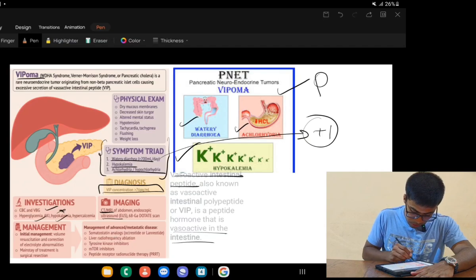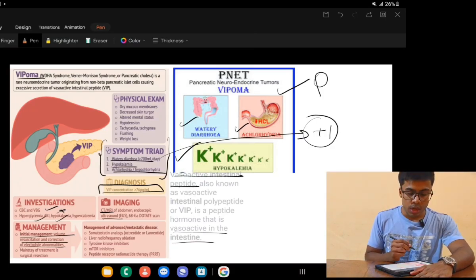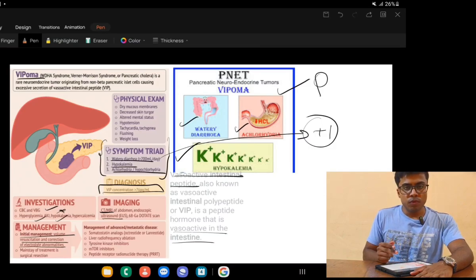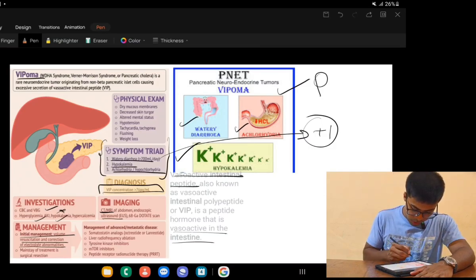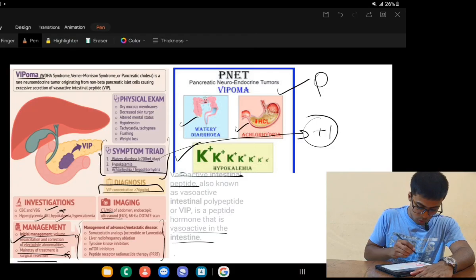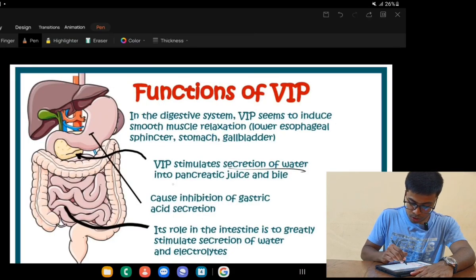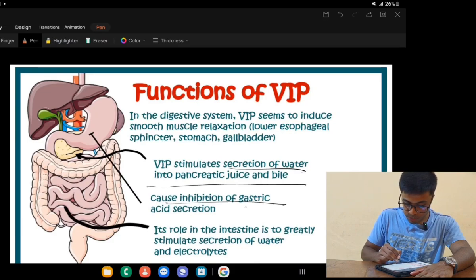Then management. Initial management is volume resuscitation and correction of electrolyte abnormalities, because a lot of water and electrolytes are lost, so we have to increase the fluid levels of the patient. The mainstay of treatment is surgical, and other conservative management is also there. Now, the function of VIP, as I have discussed, is to stimulate secretion of water into the pancreas, reduce bile, and inhibit gastric acid.